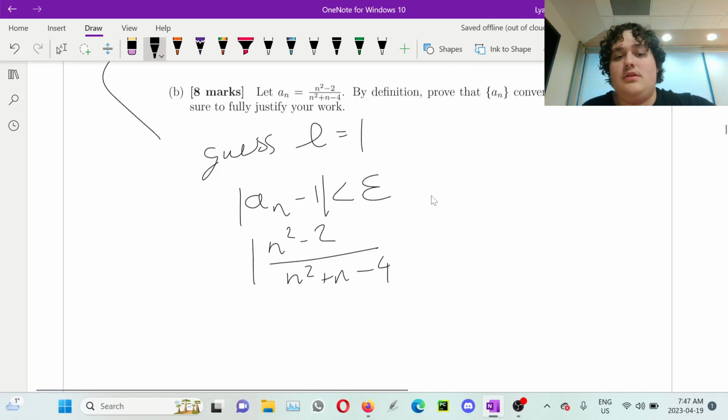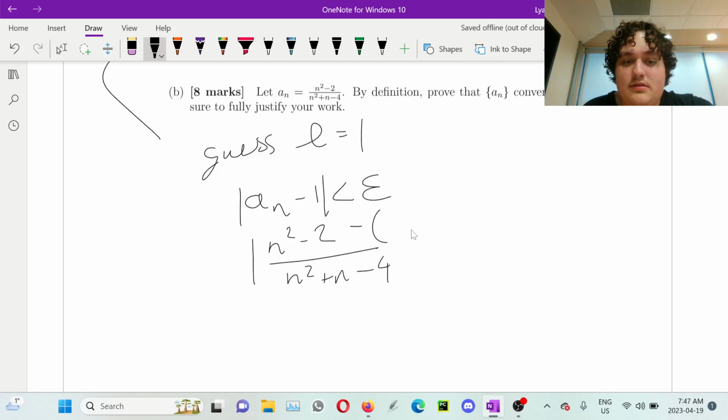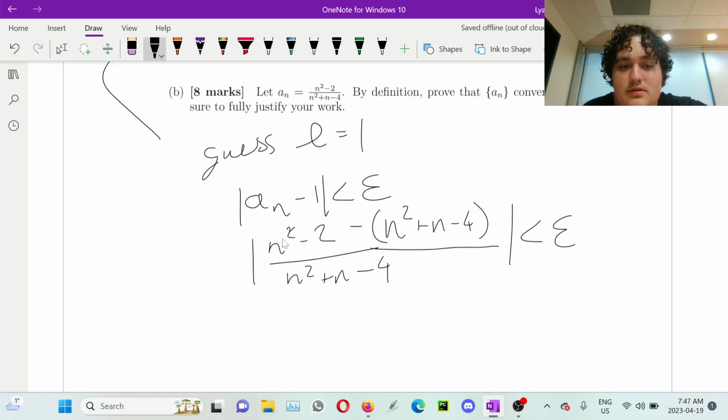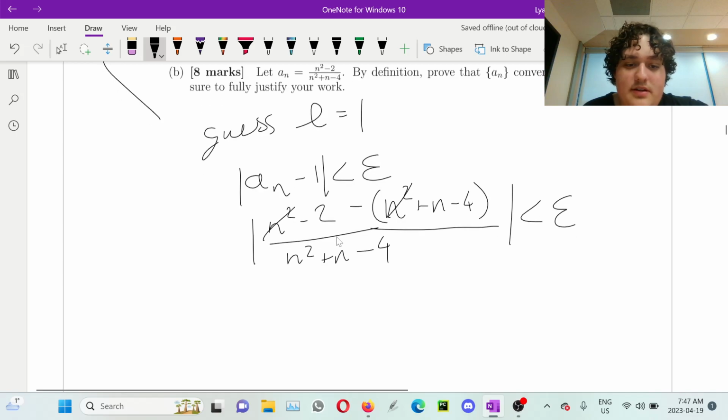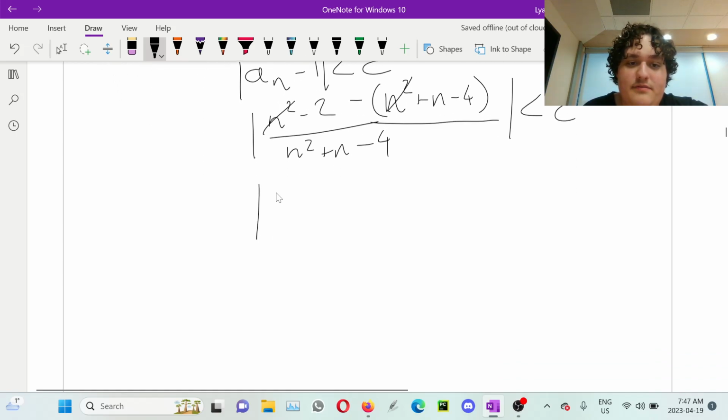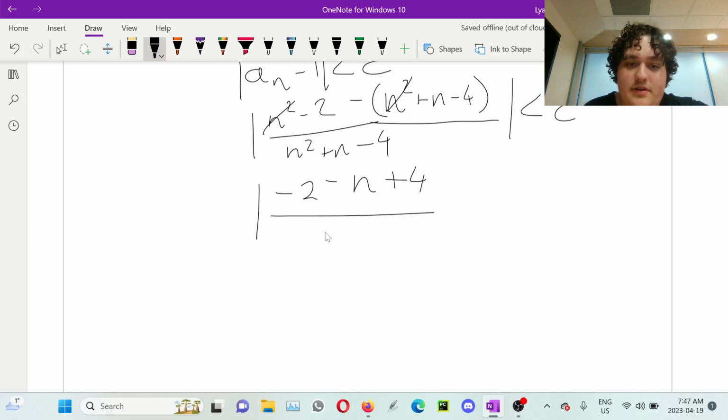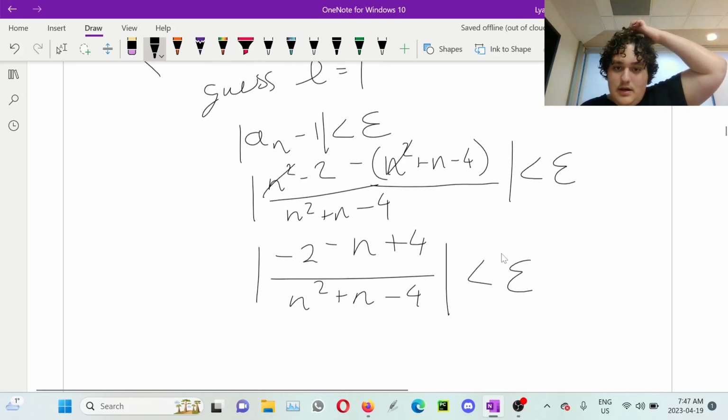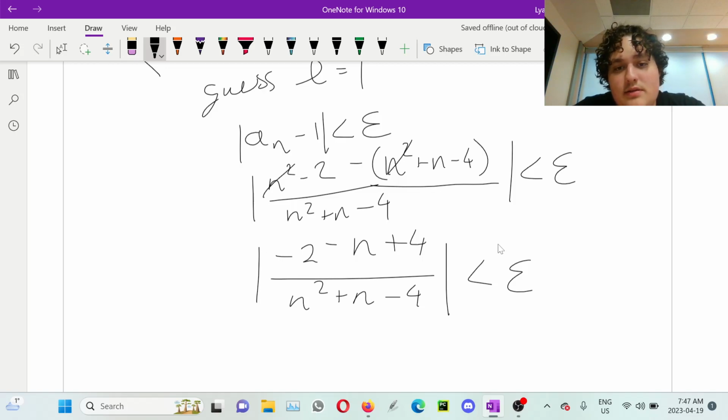So I can just subtract the numerators here, and these cancel, right? So then we have minus 2 minus n plus 4 over n squared plus n minus 4 less than epsilon.